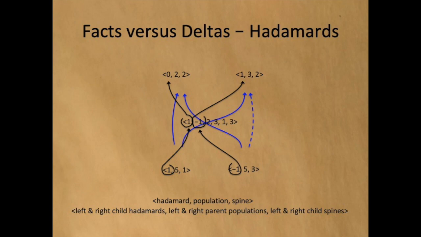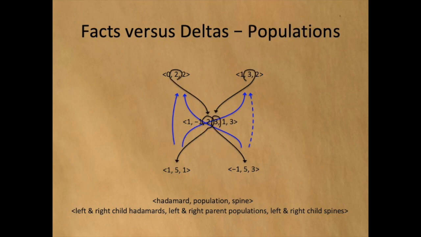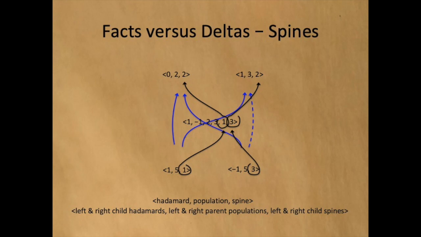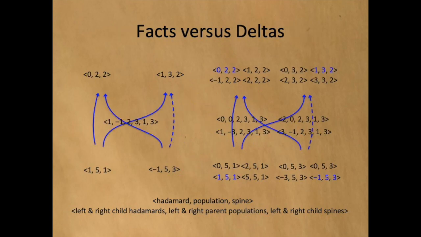This shows that the child Hadamards of 1 and -1 can be combined to create the parent Hadamards of 0 and 1. The parent populations of 2 and 3 can be combined to create the child populations of 5 and 5. The child spine values of 1 and 3 can be combined to create the parent spine values of 2 and 2.